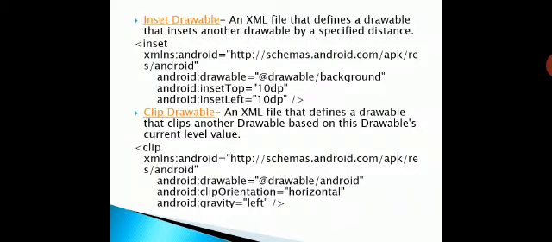So here you have to specify the drawable by using this one, that is Android drawable. Then you have to specify the orientation, whether it has to be a horizontal clip or a vertical clip. Then you have to specify the Android gravity attribute. Why we require the Android gravity attribute is the same as before. That is, it will specify the dimension at which you will be cutting that corresponding drawable.